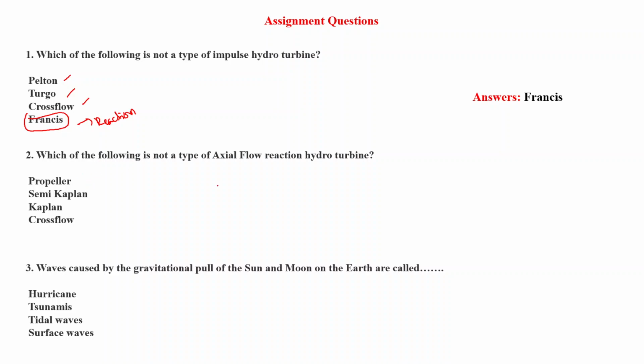As we have studied, axial flow reaction type is basically of three types: propeller type, semi-Kaplan, and Kaplan. So the Crossflow type is not a type of axial flow reaction hydro turbine. As we see in this question, it is an impulse type of turbine.